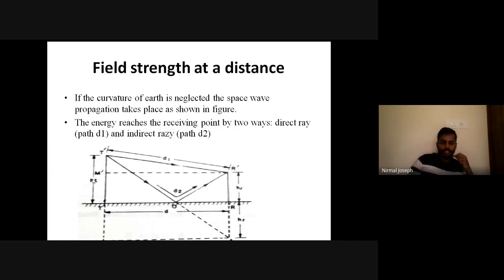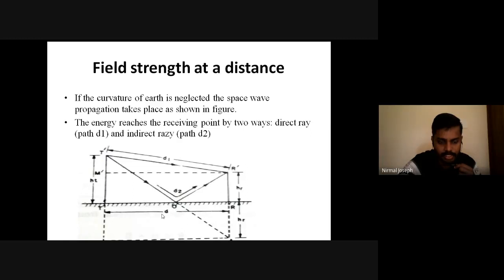Our basic idea is to find out what D1 and D2 are. Consider the triangle M dash T dash R dash. From there we can calculate D1. D1 will be M dash T dash whole square plus M dash R dash, and what is M dash R dash?